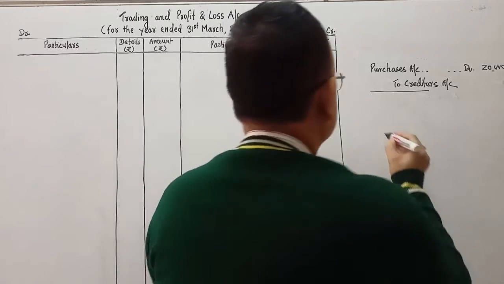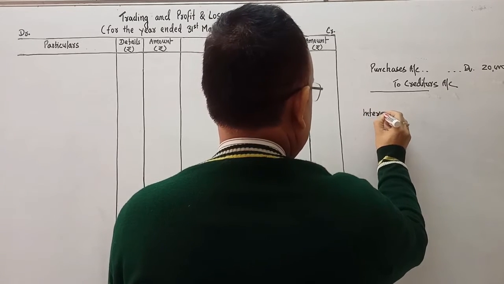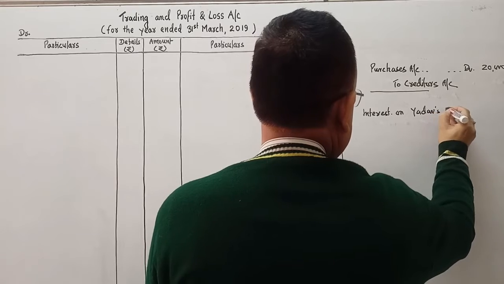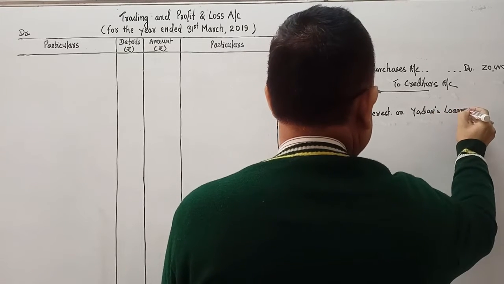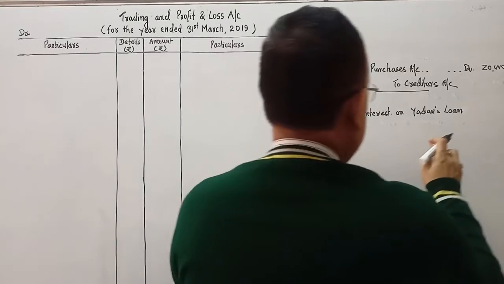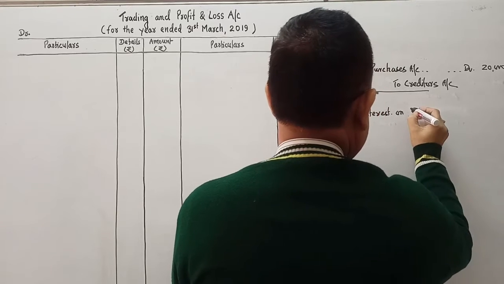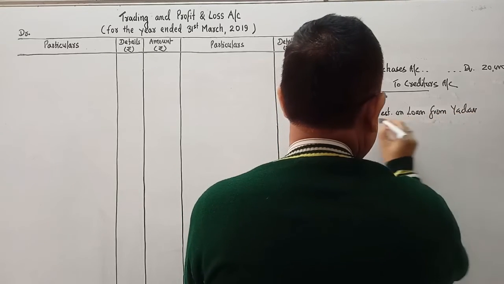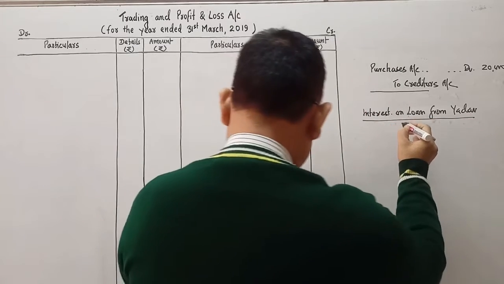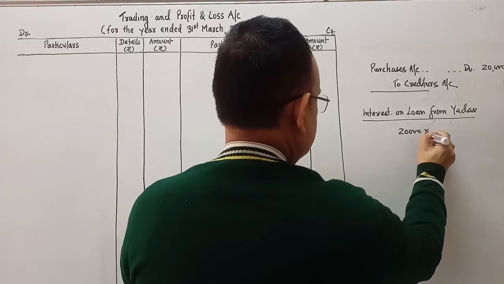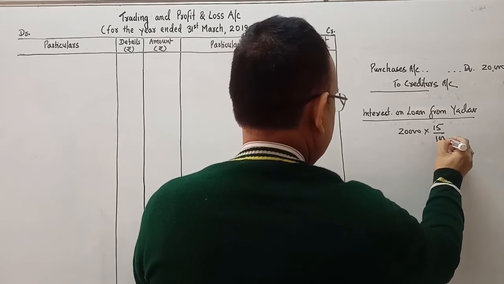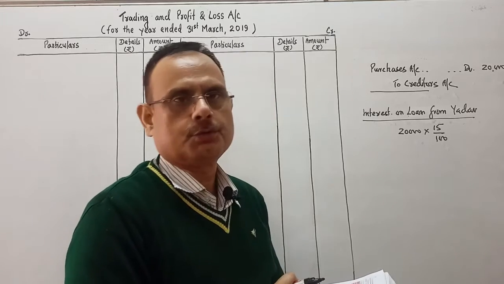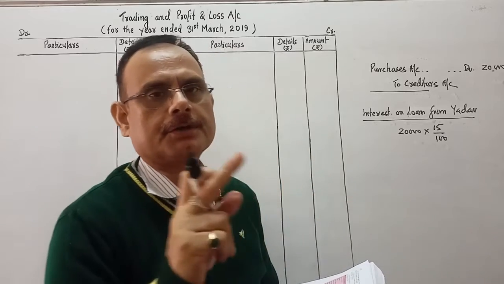So if you calculate the interest on loan from Yadav, the loan amount is 20,000, interest is at the rate of 15%, and this loan is taken on 1st June 2018 and the account is closed on 31st March 2019.